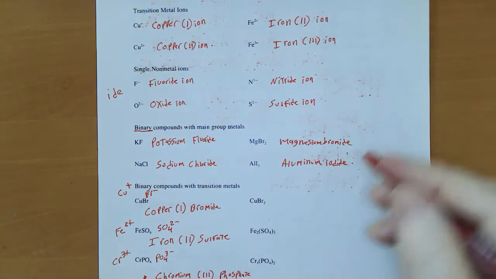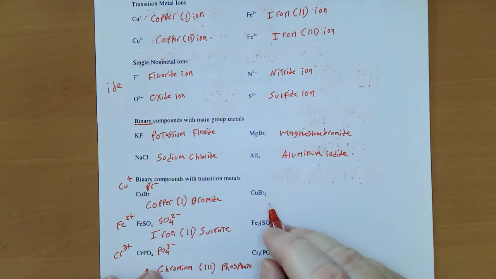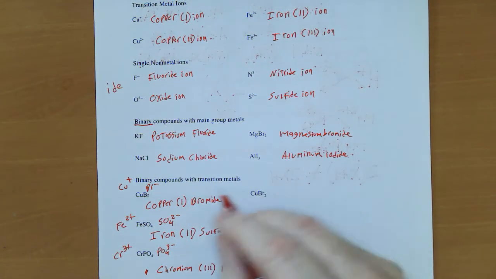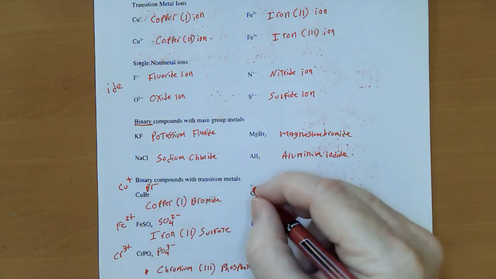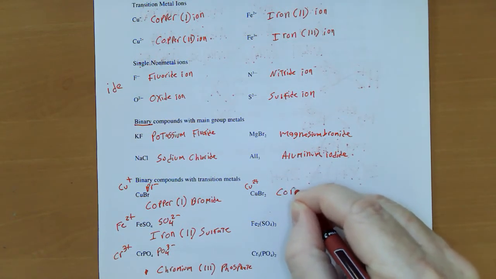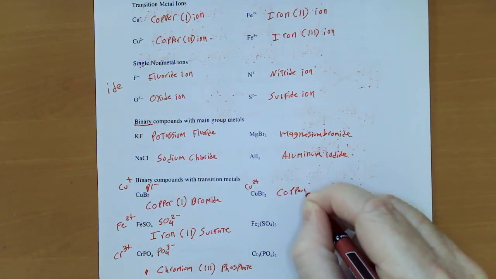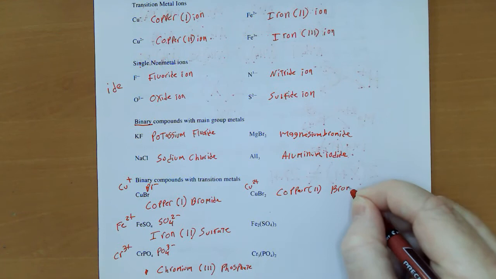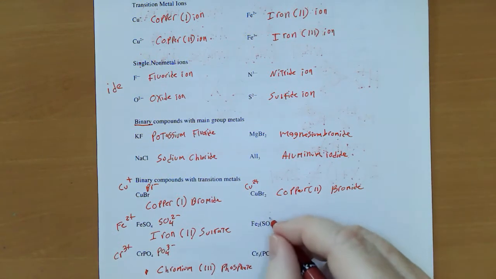Okay. Now, this one, kind of a contrast to this one. This has got two Br minuses, so this must be a Cu 2 plus. So this is copper 2 bromide. Take this apart.